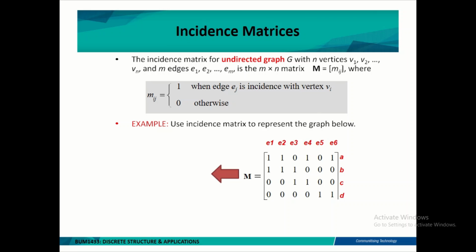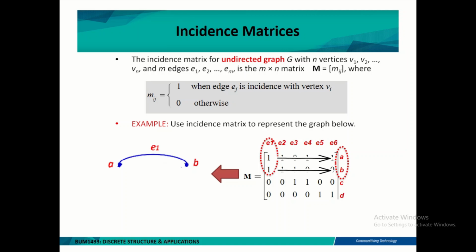Let's see the example. We have the matrix M here, and for E1 here, we can see the points A and B in the row. That means that the edge E1 is connecting point A and point B. So how we draw it is point A and point B connected with the edge E1.